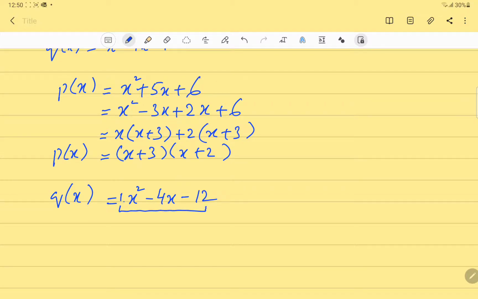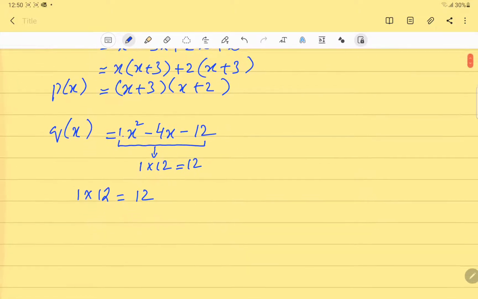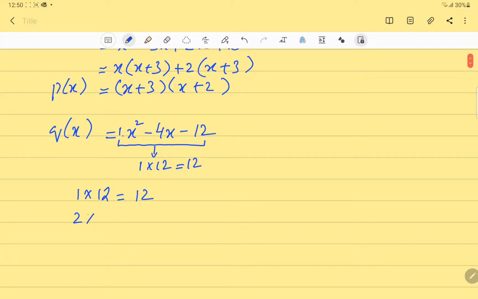We will multiply it with 12. 1 into 12 is equal to 12. So we will be making all the possible pairs of factors of 12. First one is the same, 1 into 12 is equal to 12. Then 2 into 6 is equal to 12. Then 3 into 4 is equal to 12. So we have these three pairs of factors.